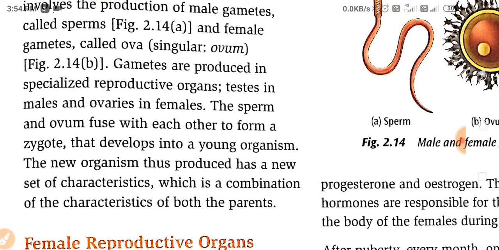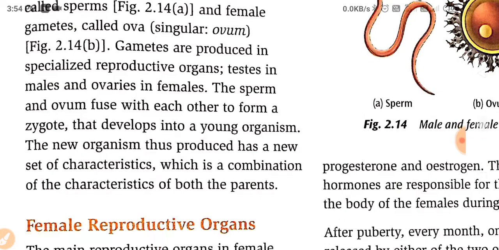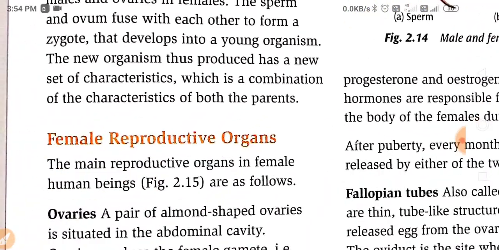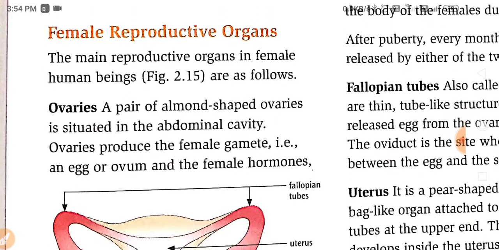So you will understand that this reproduction is needed to maintain the continuity of species on this earth. So first we read about the female reproductive organs.